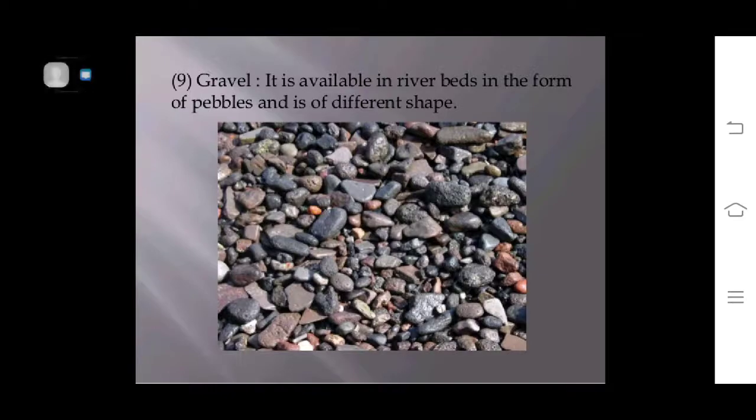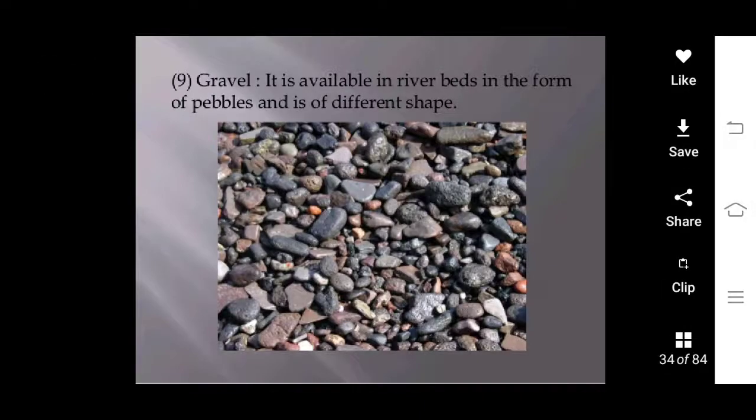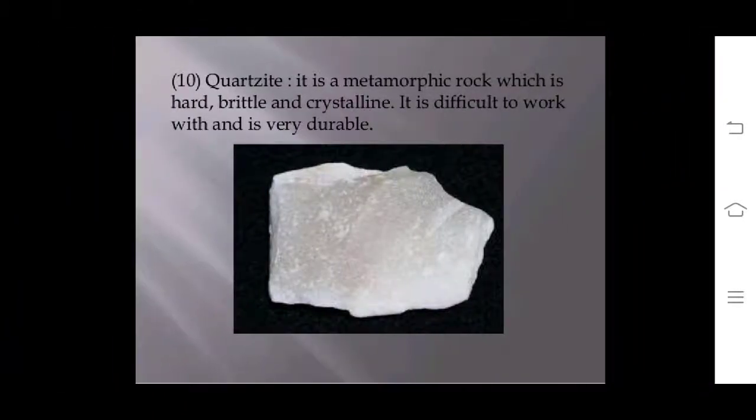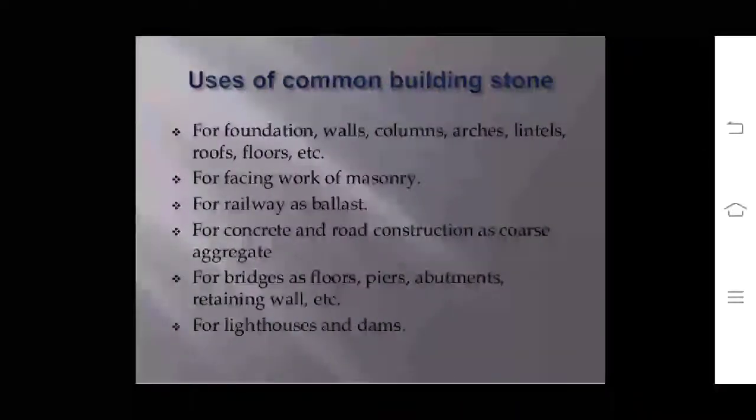Gravels. Gravels are available in riverbeds in the form of pebbles and are of different size and shape, which are used for decorative or aesthetic purposes. Quartzite. Quartzite is a metamorphic rock which is hard, brittle and crystalline. It is difficult to work with and is very durable. Uses of common building stones.